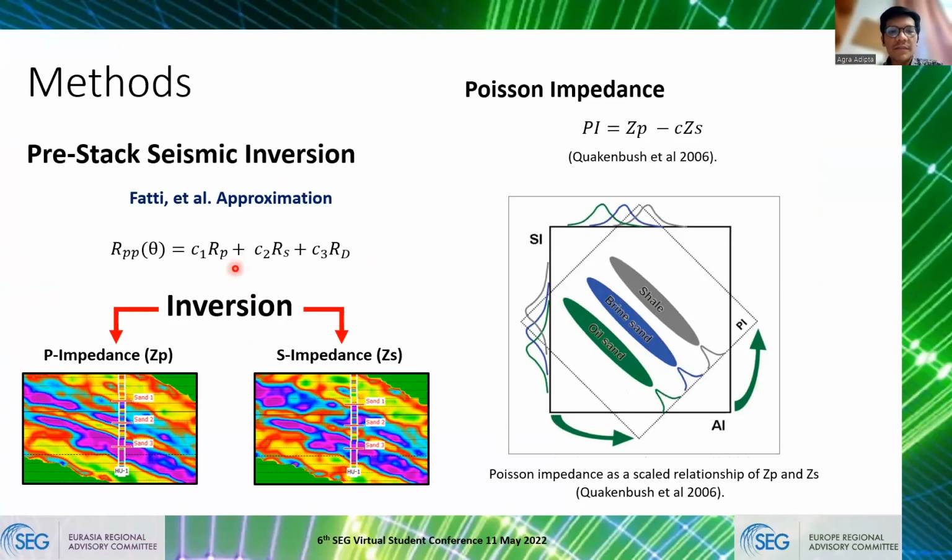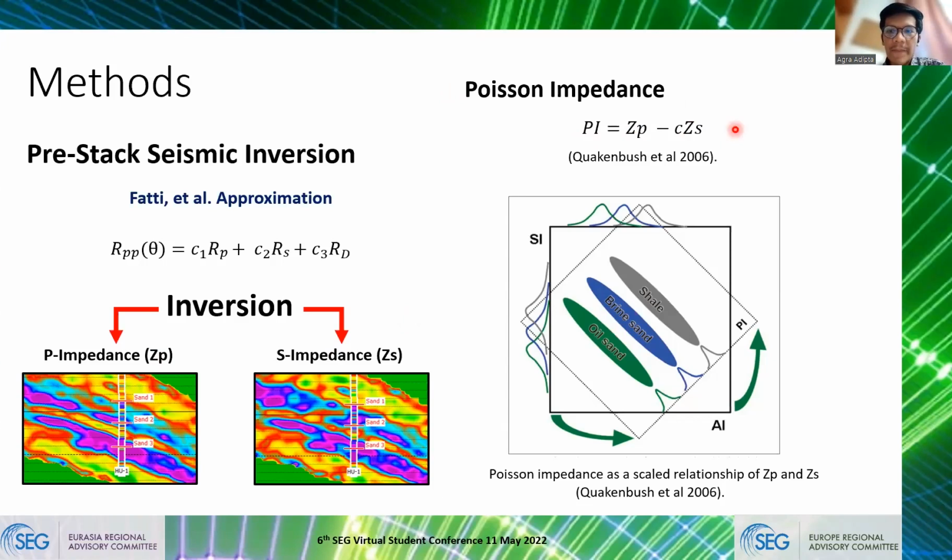Incorporating these parameters, we can obtain the P impedance and S impedance. Based on both impedances, we can derive other attributes such as Poisson impedance, an attribute that has a skewed relationship between the P impedance and S impedance.